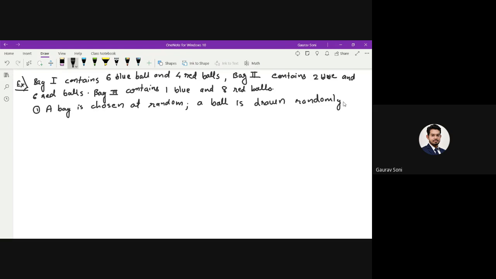It turns out to be blue. Find the probability that bag 1 is chosen.